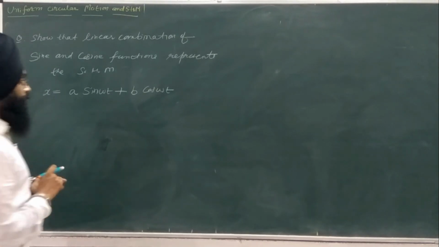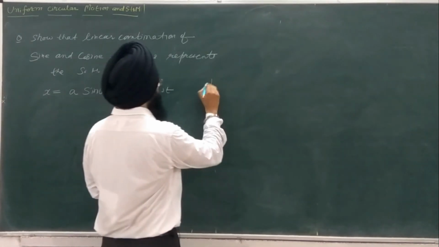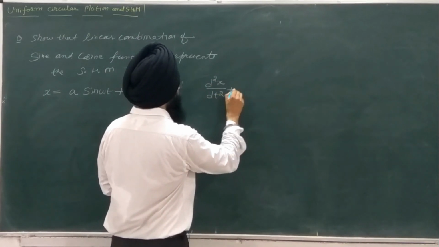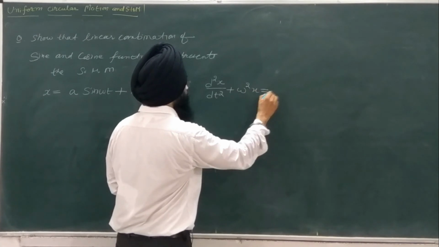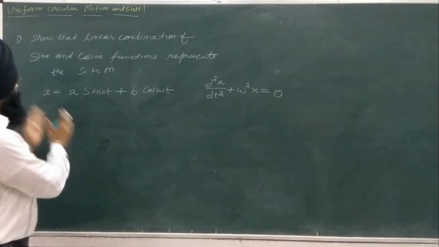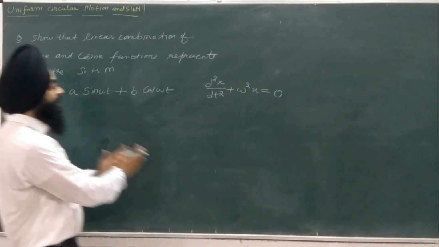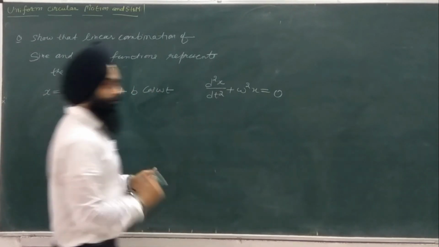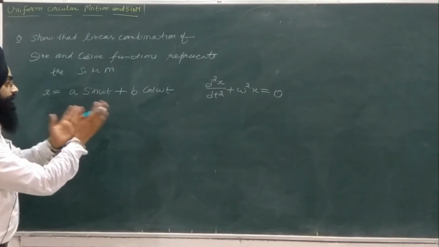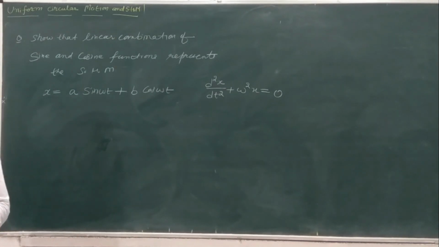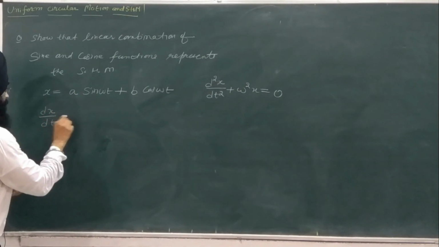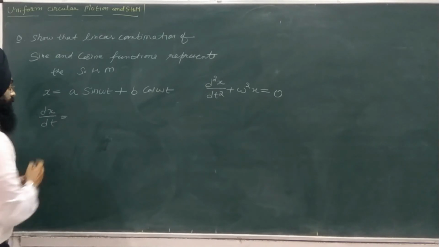So what we have to do: we know that the differential equation for simple harmonic motion is given by this equation. If this displacement value satisfies the equation, we can say that it represents the displacement for simple harmonic motion. So for that, let us take the derivative with respect to time t here.